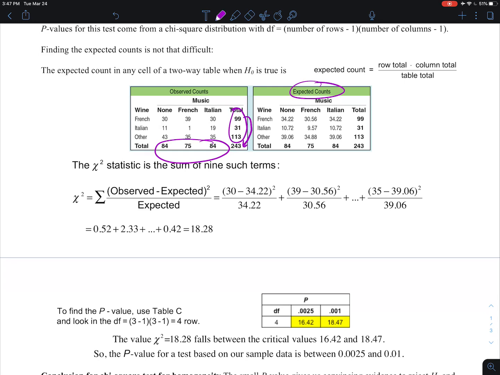99 out of the 243 people purchased French wine, that's some proportion of people that purchased the French wine, right? 99 out of 243.